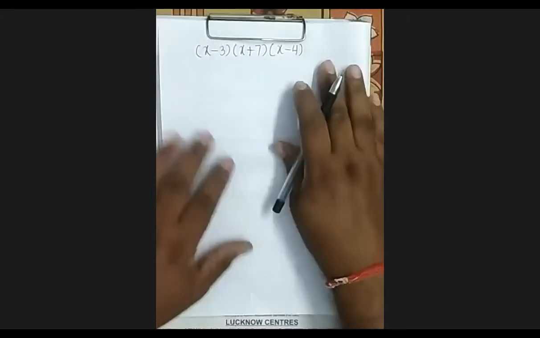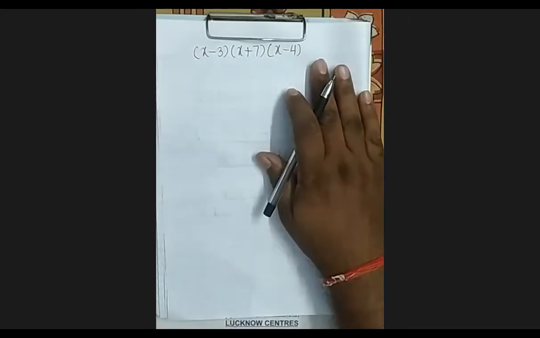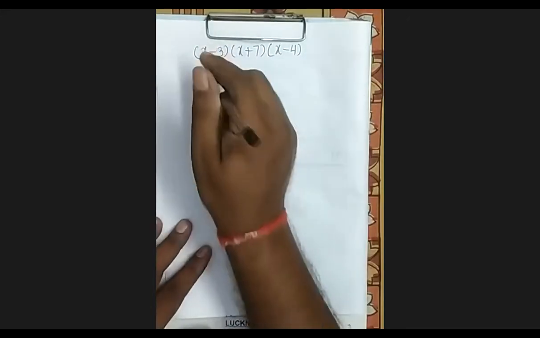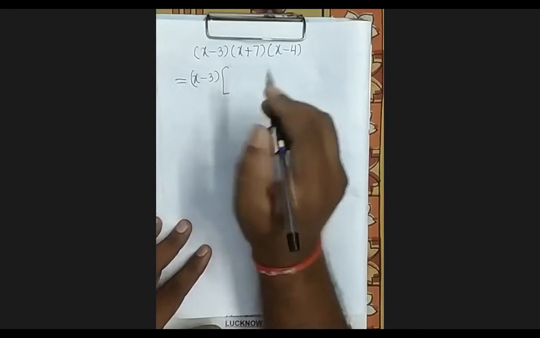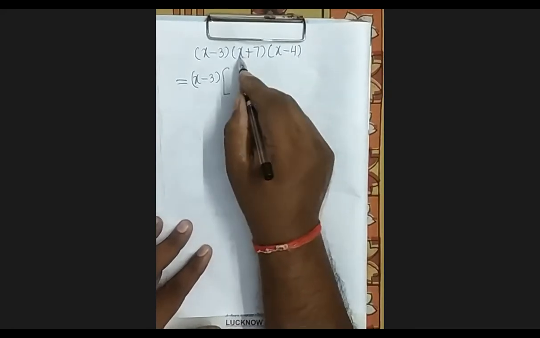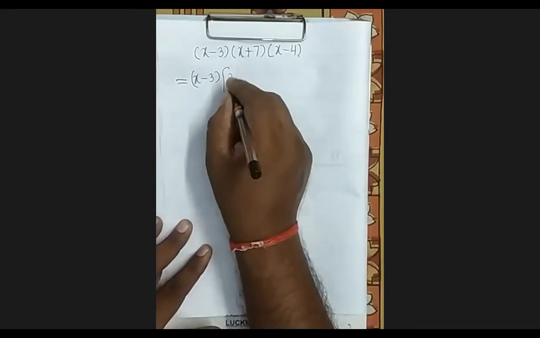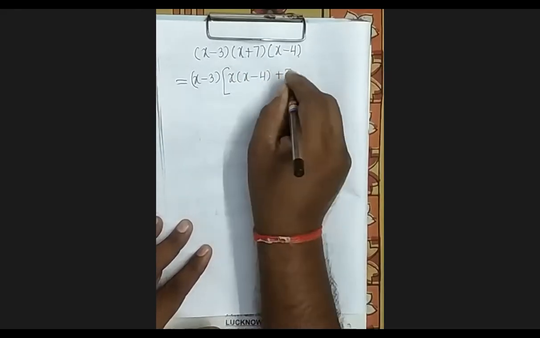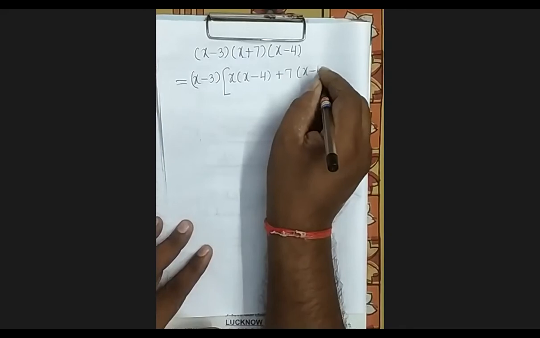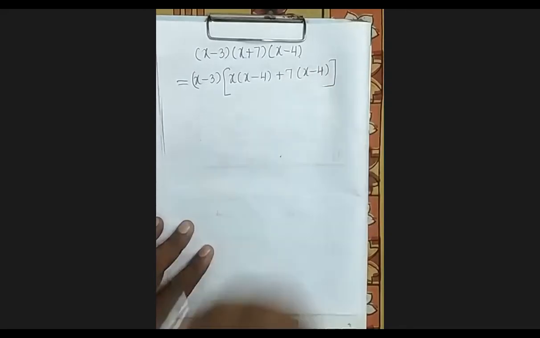So how will you do it? We will do it like this. You see here, x minus 3 you keep in one bracket. This you multiply, x into the bracket. x into x minus 4 plus 7 into x minus 4.